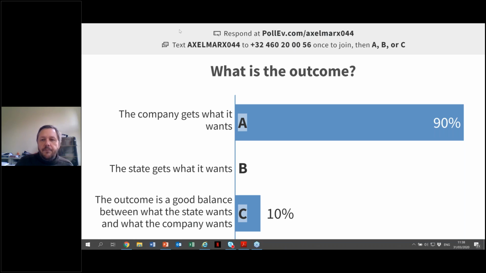And if I can see the response, actually nobody of you thinks that the state is getting what it wants, but most of you think that the company is getting what it wants, and around 12% of you think that there's, let's say, a fair balance between both.